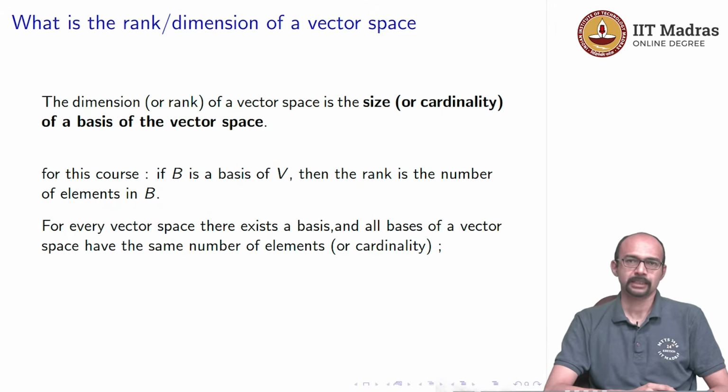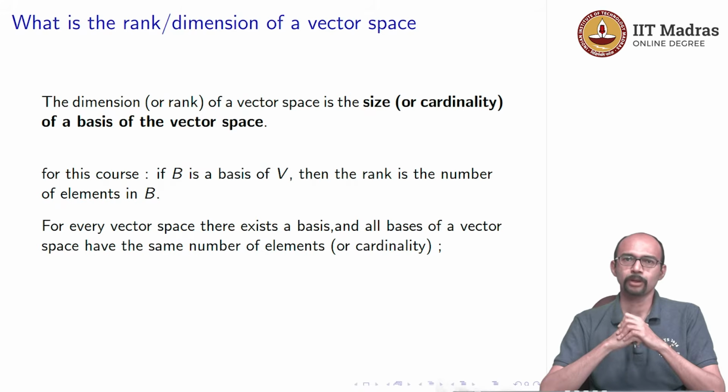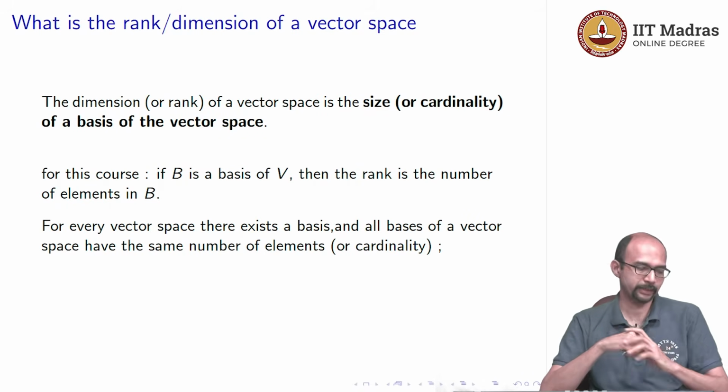That is a fact. This is a fact that we are not going to prove. We may indicate a proof at some point, but we will not give a formal proof. So, the point we are trying to make here is every vector space has a basis, every basis has the same number of elements in it, and that number is called the dimension or the rank of that vector space.